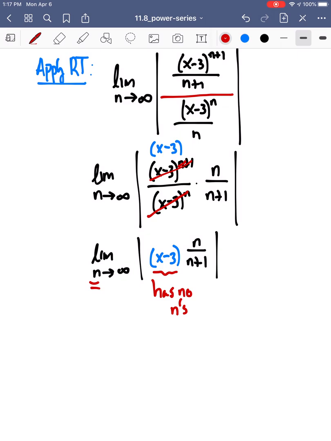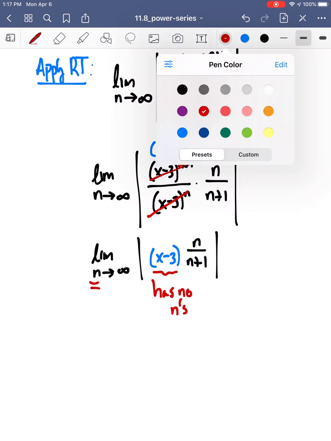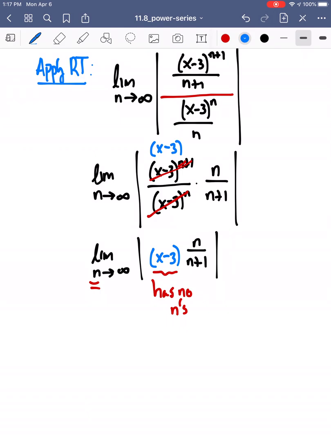And again, we have to keep the absolute values though. So this is the absolute value of x minus 3 times the limit as n goes to infinity of the absolute value of n over n plus 1. And this limit, after doing L'Hopital's, just equals 1.